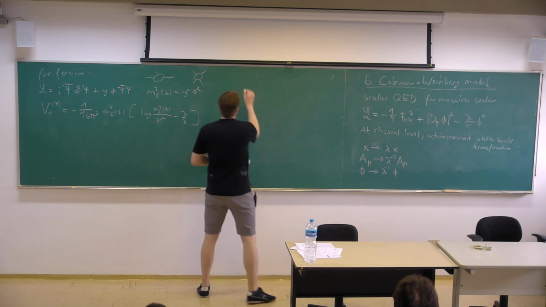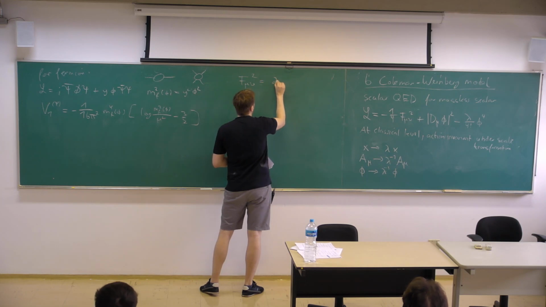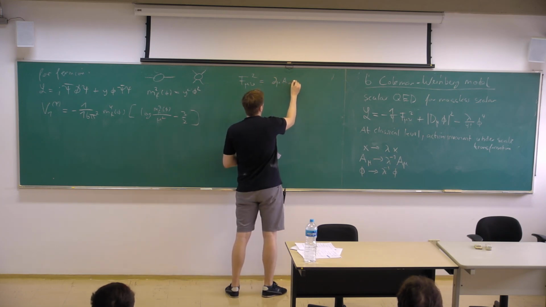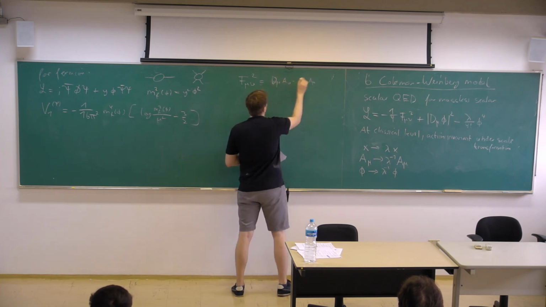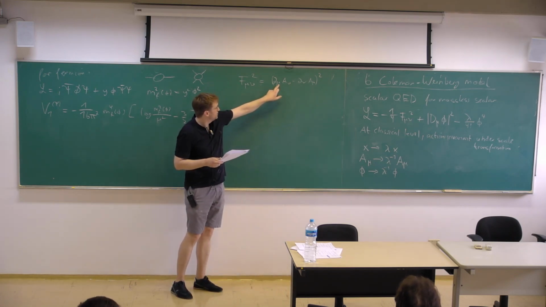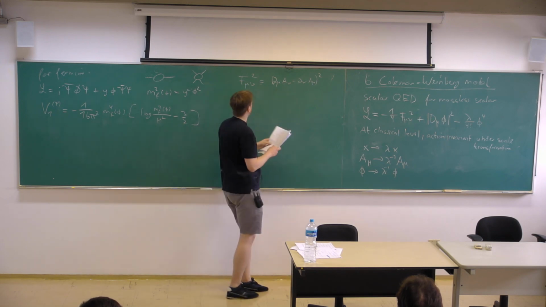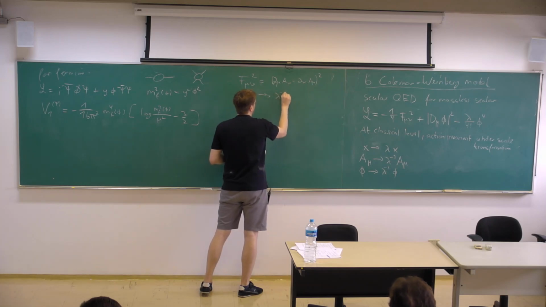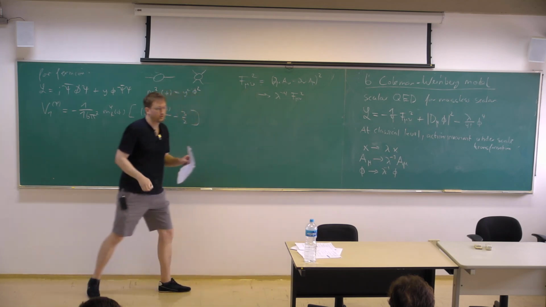And then you can easily work out F mu nu squared. There's a d/dx, so it gives me a 1 over lambda, and this also gives me a 1 over lambda. And then I square it, so overall F mu nu squared goes like lambda to the 4 under this rescaling.